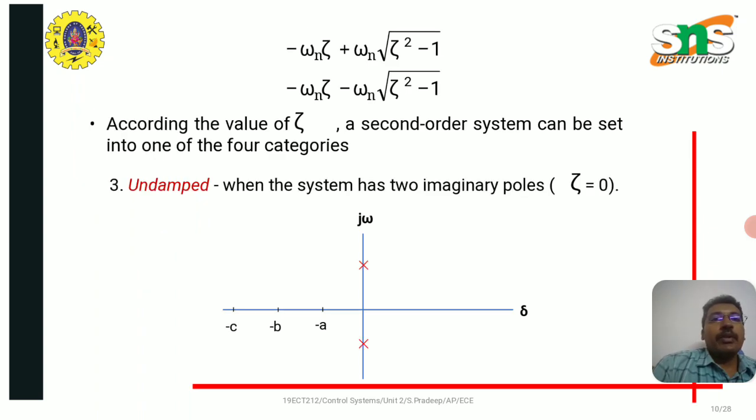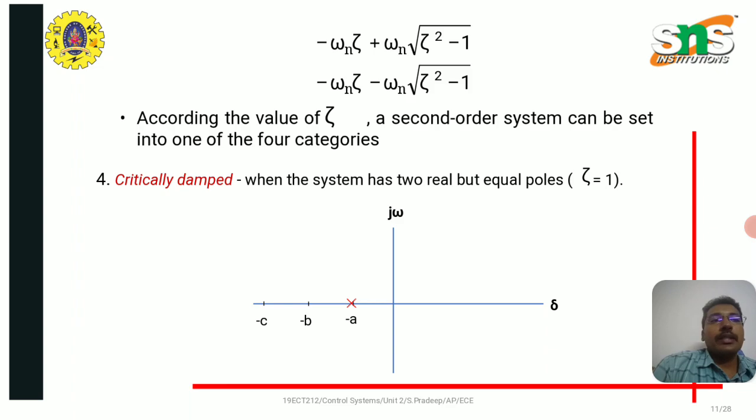The third one is undamped, when the system has two imaginary poles, in which tau equals 0. And the fourth one is critically damped, when the system has two real but equal poles, when tau equals 1.